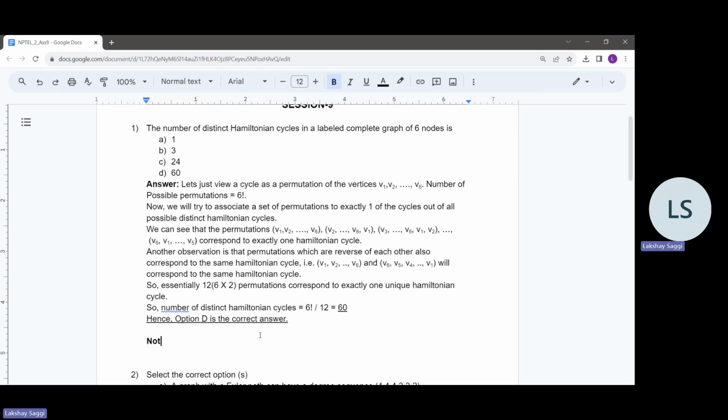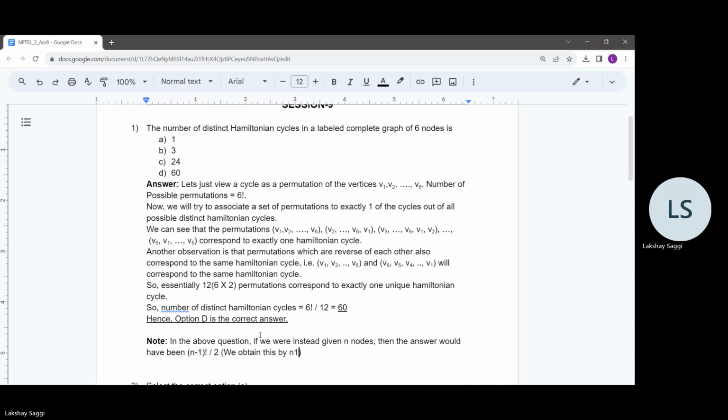So just putting a note out there: in the above question, if we were instead given n nodes, then the answer would have been n minus 1 factorial divided by 2. And how do we obtain this? We obtain this by n factorial divided by 2 times n.